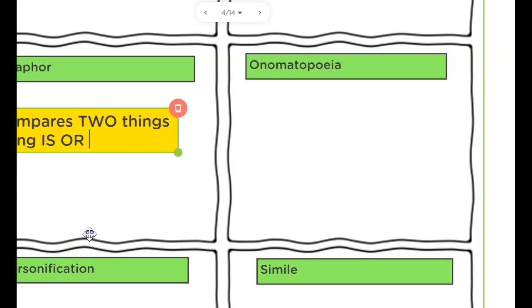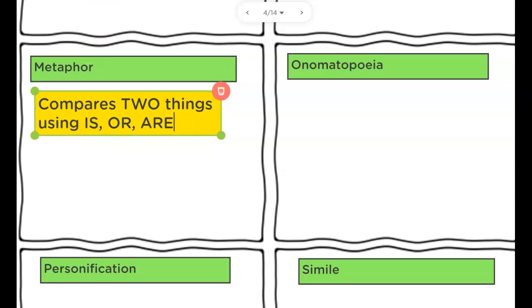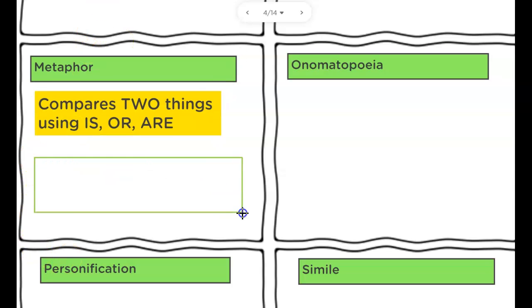Sorry, I just realized it might not be showing all the way. There we go. Is, am, or are. Put commas between those. Go ahead, pause the video if you need to write that down. A metaphor. And we'll write an example below.